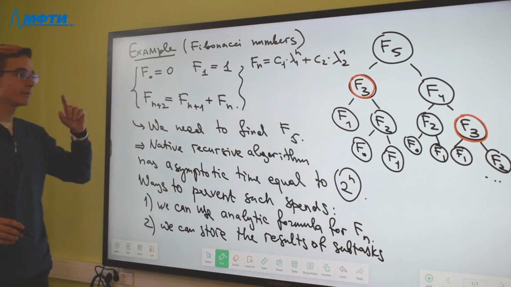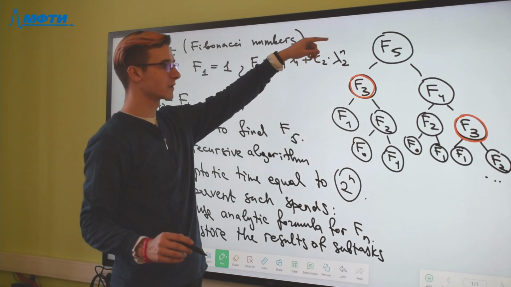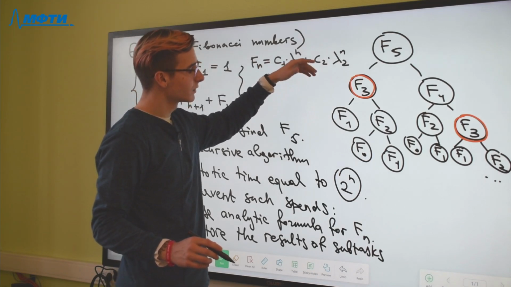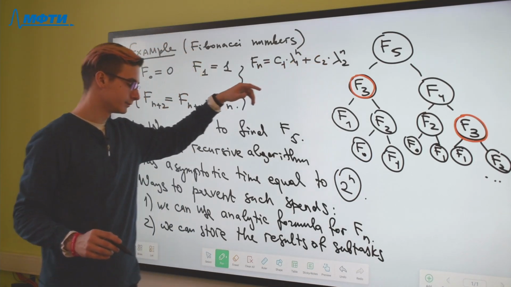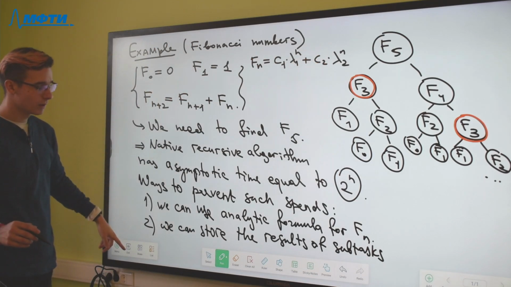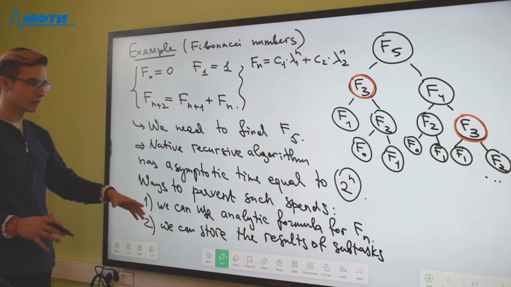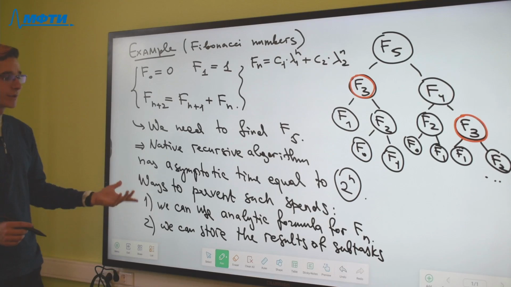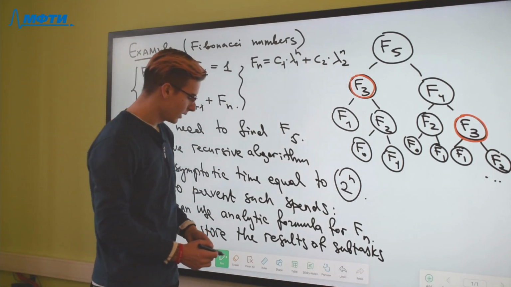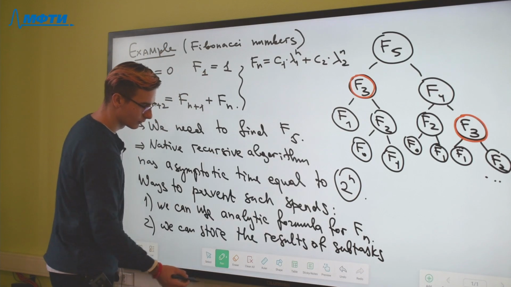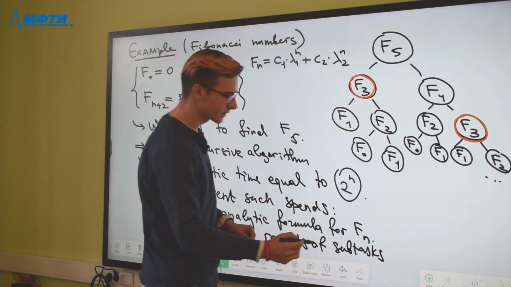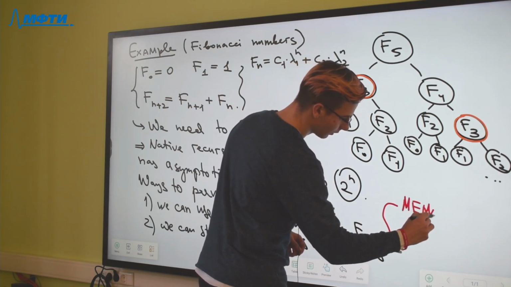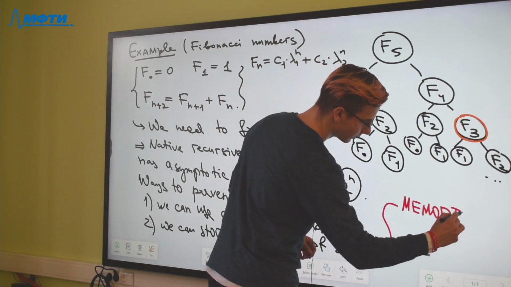And then if we find a similar subtask, we won't spend time to complete it. We look in the memory and find the result of this subtask. And this way to store the results of subtasks is named memorization.